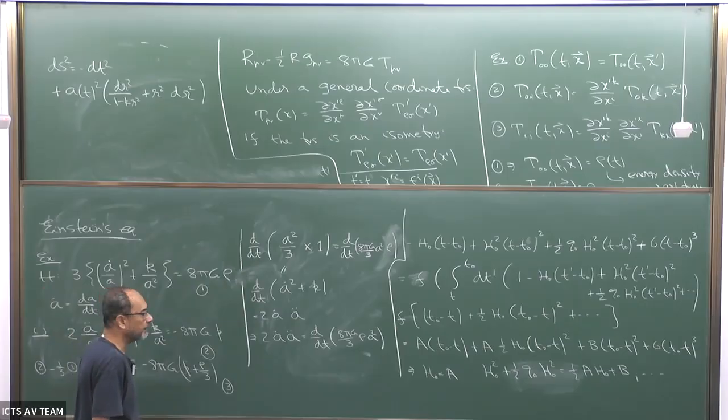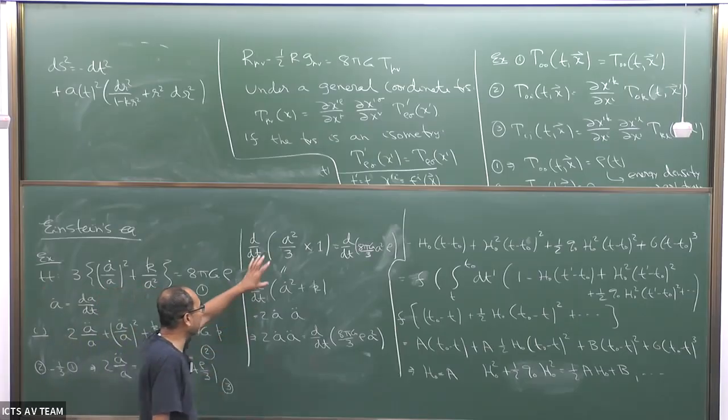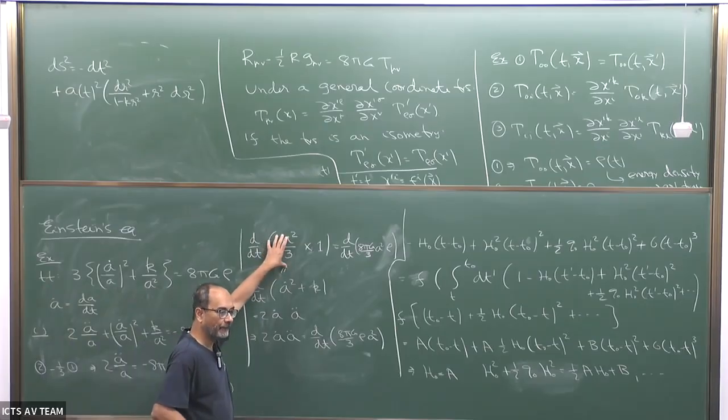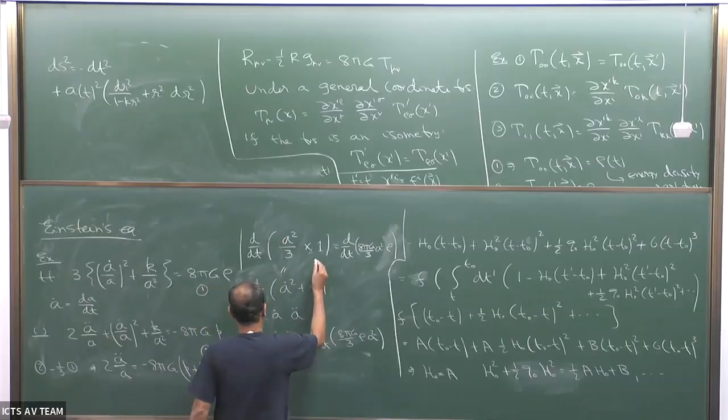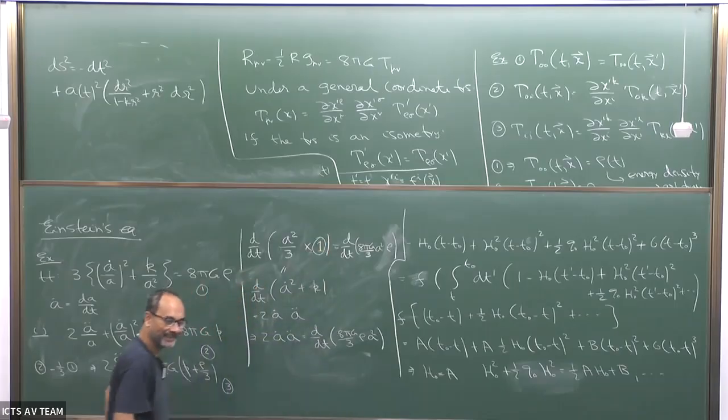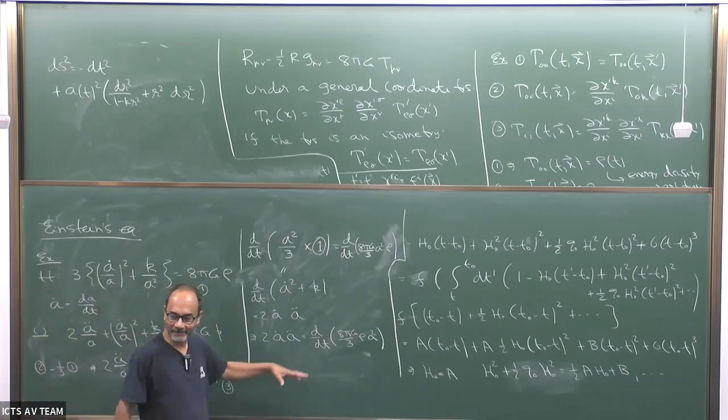See here, I'm just multiplying by a squared by 3. It's up to me what I want to multiply by. This one is the first equation, not one. Okay, so is it okay now?